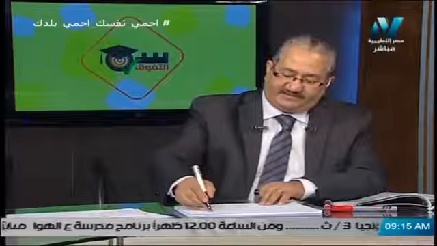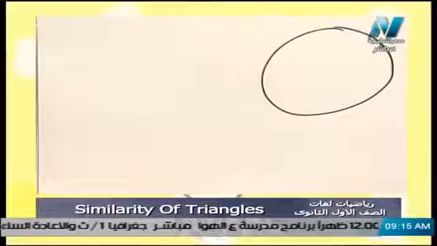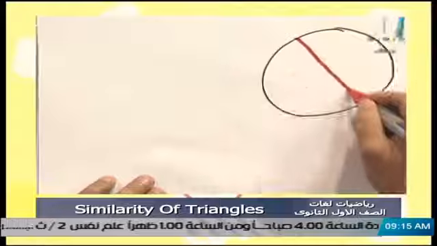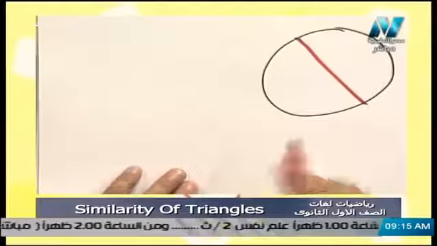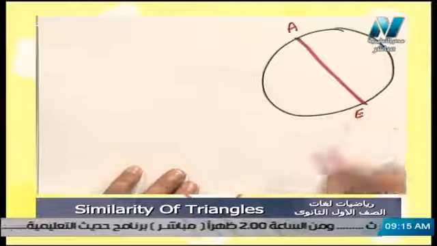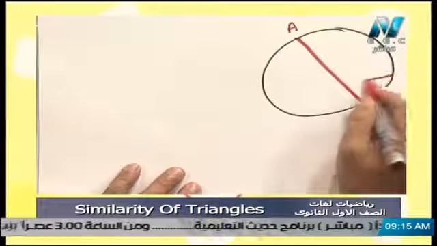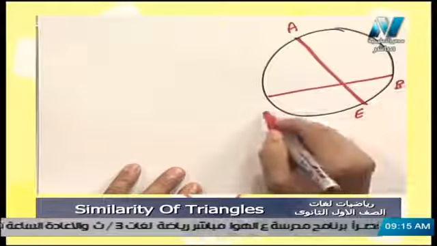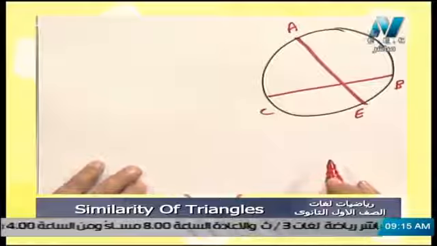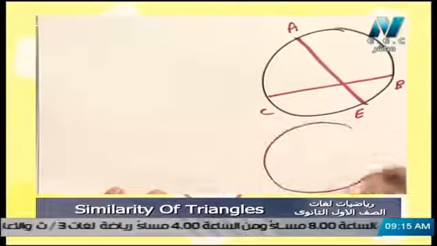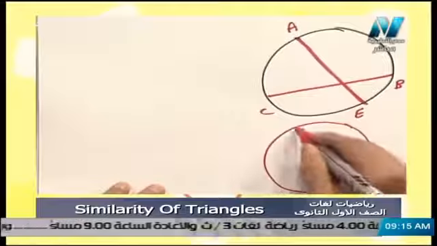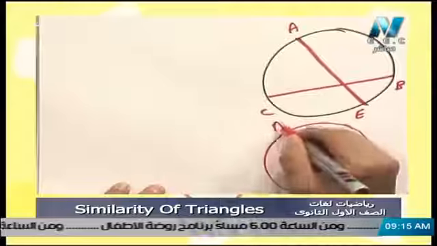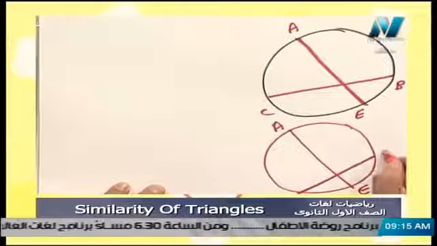So if we have a circle here, and we have a line segment AE and another one here, BC. Let's draw another one, something like that, and the other one here like that. That's AE, and this is BC.